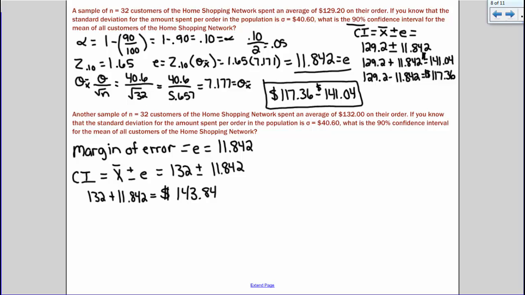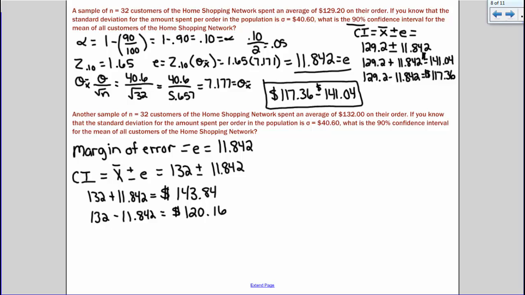And then the lower limit, 132, the sample mean, minus the margin of error, is equal to 120.158, or $120.16.